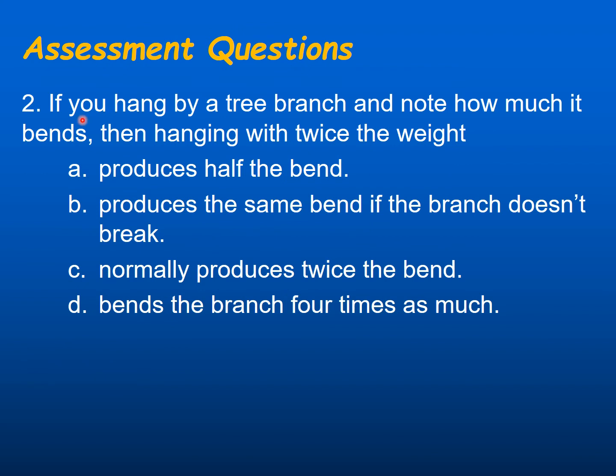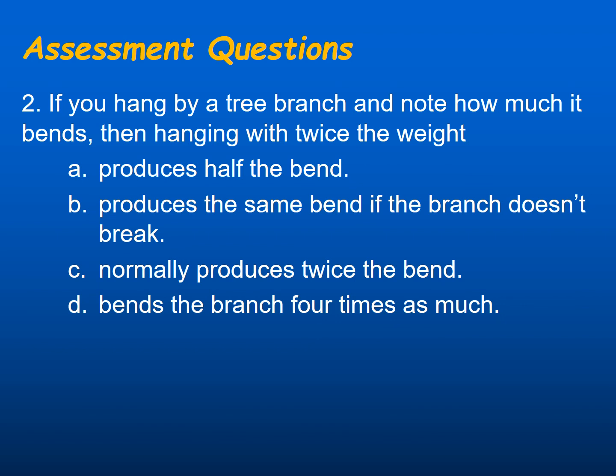Another question: if you hang from a tree branch and note how much it bends, now when the force is twice the weight, what happens? This will produce half of the bending, or this will produce the same bend, or if the branch doesn't break, it will normally produce twice the bend, or it will bend the branch four times as much.